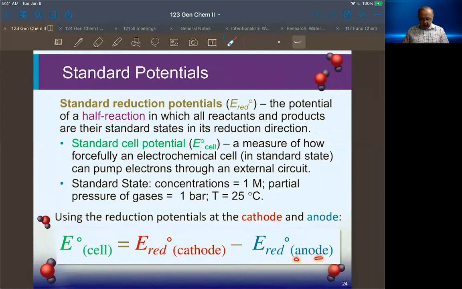So oxidation, remember, happens at the anode, and reduction happens at the cathode. What I was trying to say before is that this reduction potential is the potential for the reduction, but in reality, this is the one that reduces, and this is the one that oxidizes. So the reaction is happening backwards from the equation that you can find on the table.